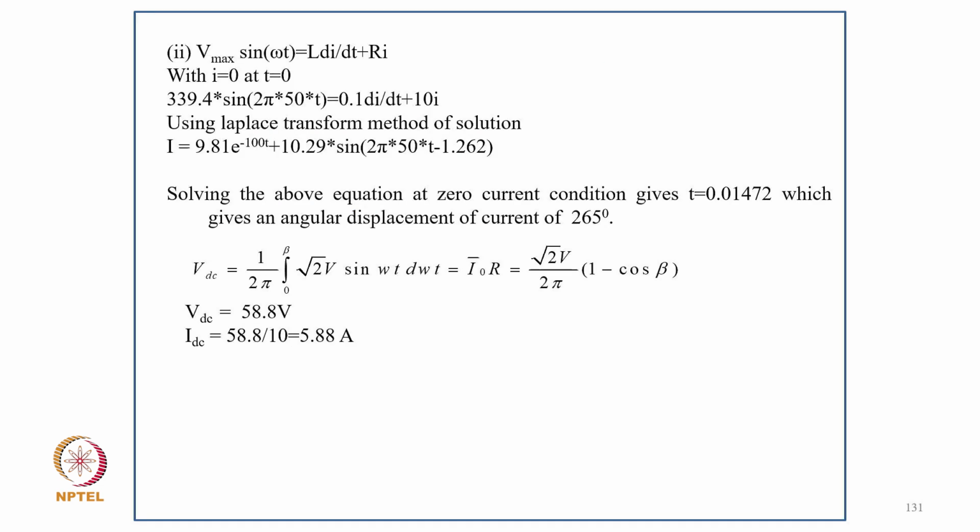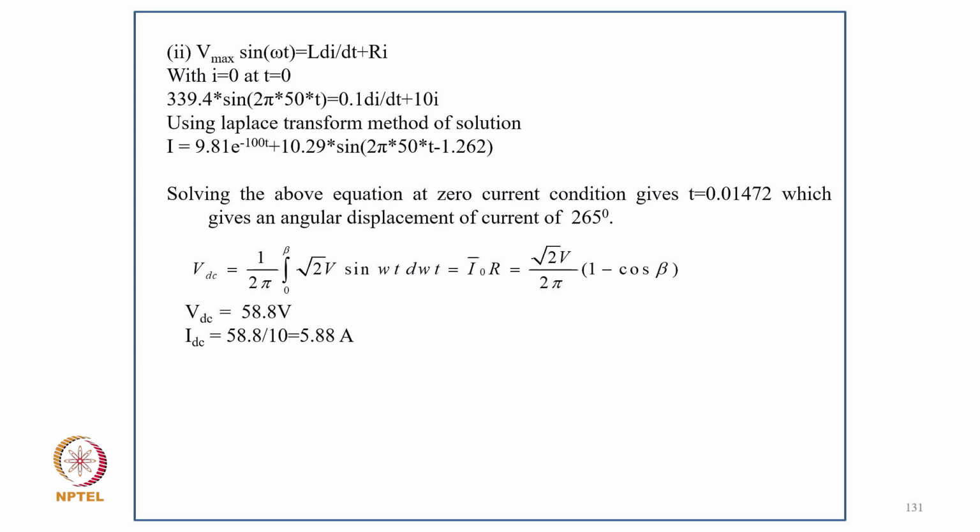And in the second case, for the RL load, V max sin omega t equal to L di by dt plus Ri, for i equal to 0 at t equal to 0. So putting the typical values, 339.4 sin 2 pi 50 t equal to 0.91 di by dt plus 10 i. So using Laplace transform, it becomes i equal to 9.81 e to power minus 100 t plus 10.29 sin of 2 pi into 50 t minus 1.262.